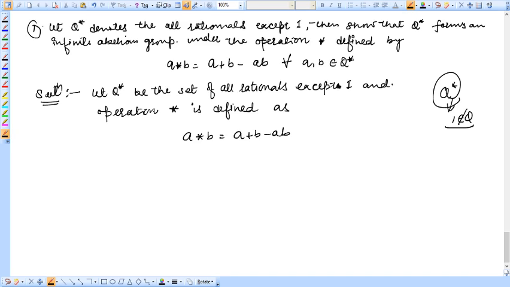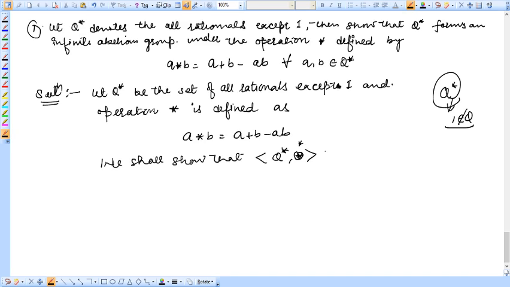Fine, we have to show that Q star under operation star, or you can change the operation here because you will be encountering 2 stars, so you can change this with O, right? Or you can carry on with star also.